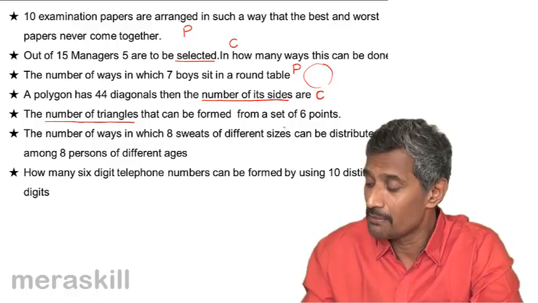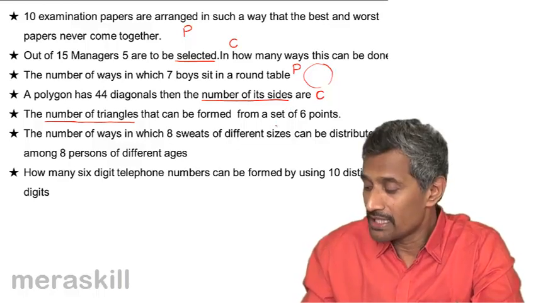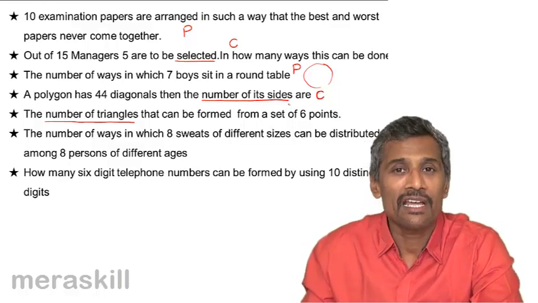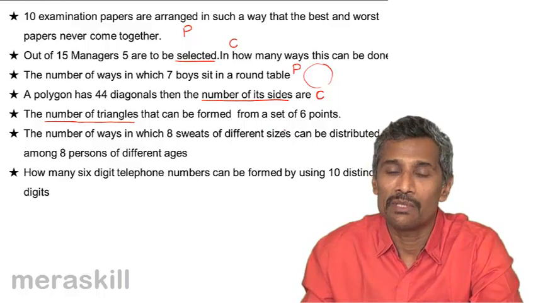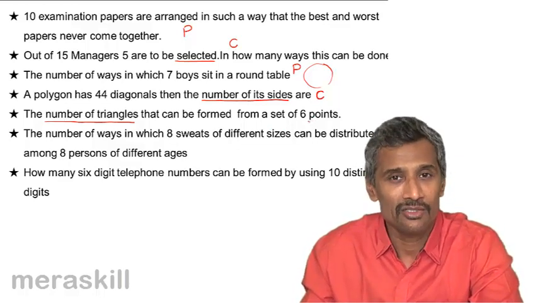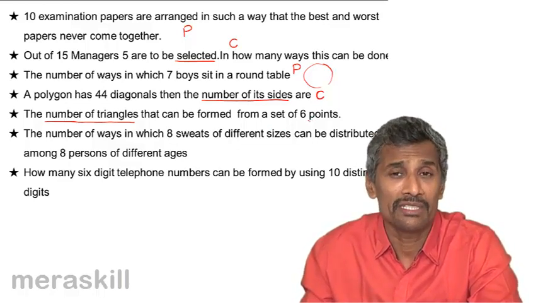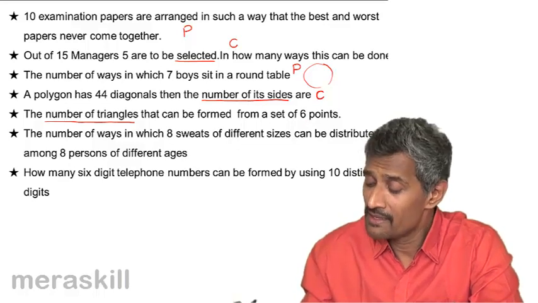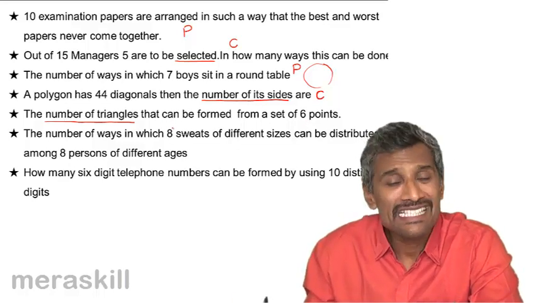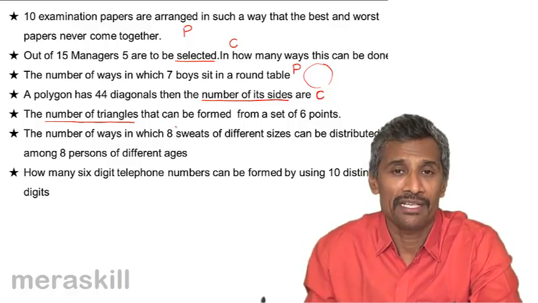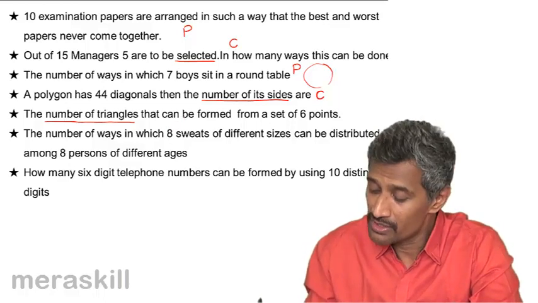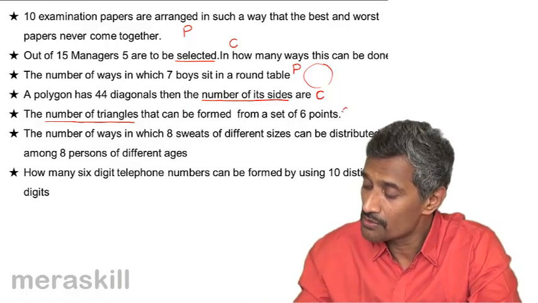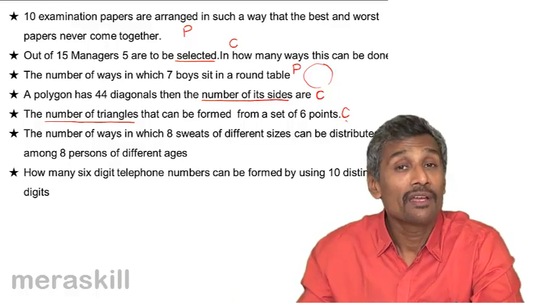Suppose you are choosing A, B and C. You call it triangle ABC or triangle BCA or triangle ACB. All mean just one single triangle. You can name a triangle in so many different ways. Hence, eventually it is just selecting 3 points out of them and joining them. So it's quite similar to this, and this is also a case of combination.